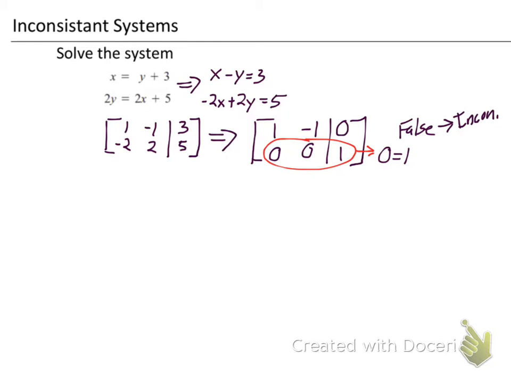So we're going to stop at inconsistent, because 0 does not equal 1. All right, be aware of all this information on the homework, because the homework says solve this matrix, list whether it's dependent, inconsistent, or just list the answer. So be ready for some oddball ones like this one.